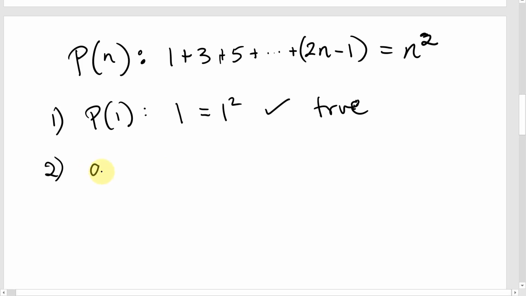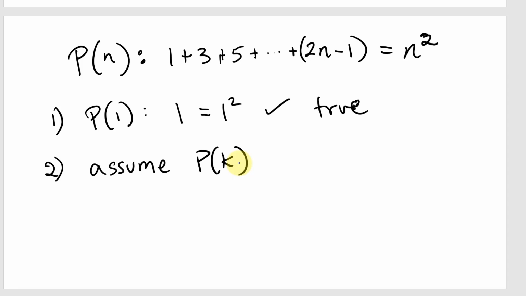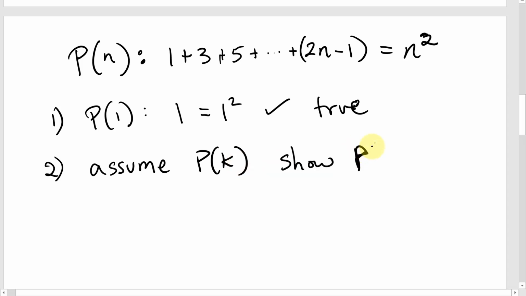So what we're going to do is assume it's true at k. If it were true at k, all we have to do is show that it would be true at the next step. When I say assume p of k, I mean assume p of k is true, and then show p of k plus 1 is true.